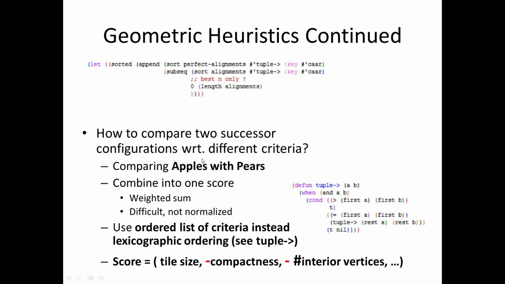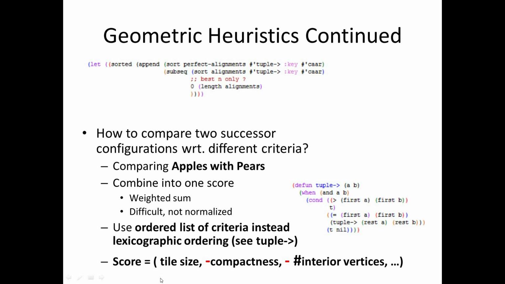Given that we have identified a number of interesting geometric characteristics such as tile size and compactness that we would like to use in our scoring function, the question then is, how do we combine these different characteristics into one score such that we can use the sort function? So rather than putting it all into one score by using a weighted sum, which is difficult if these values are not normalized, for example, there's no upper or lower limit for compactness, these scores might overlap in non-intuitive ways.